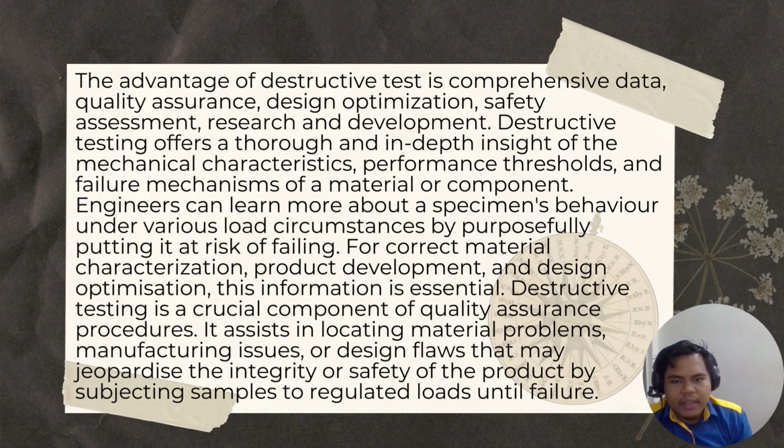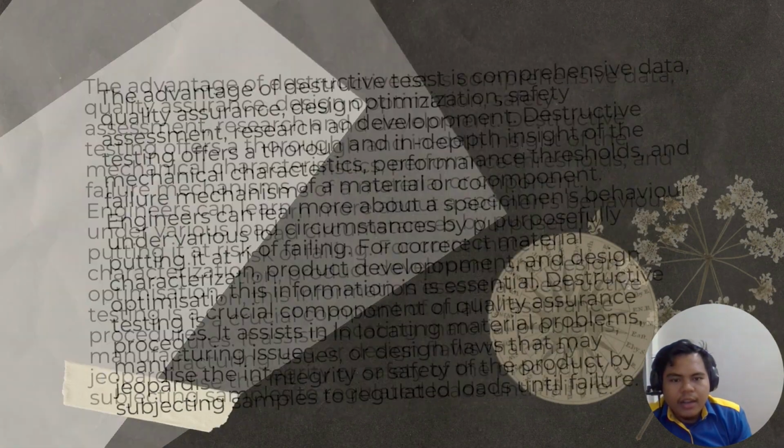For correcting material characteristics, product development and design optimization, this information is essential. Destructive testing is a crucial component of the quality assurance procedure. It finds material problems, manufacturing issues, or design flaws that may jeopardize the integrity or safety of the product by subjecting samples to controlled loads until failure.